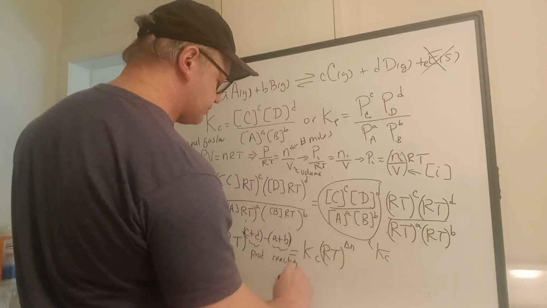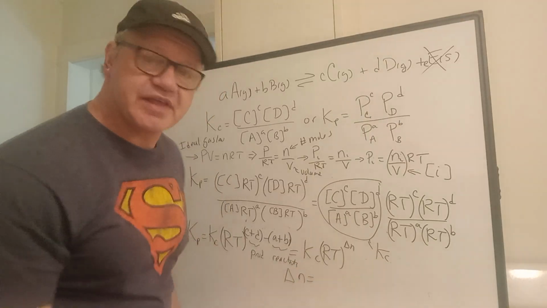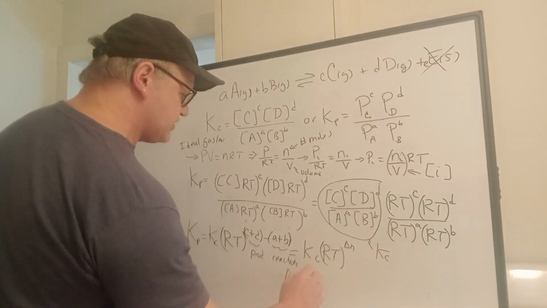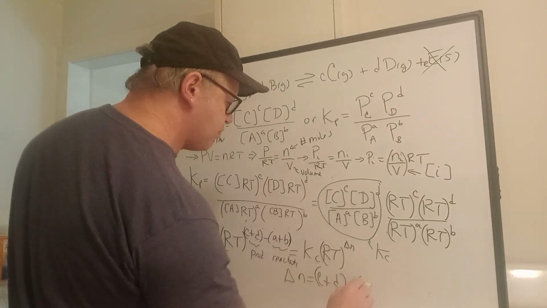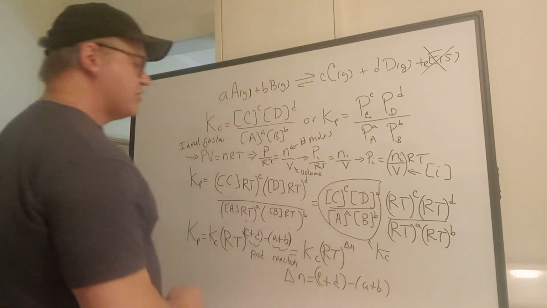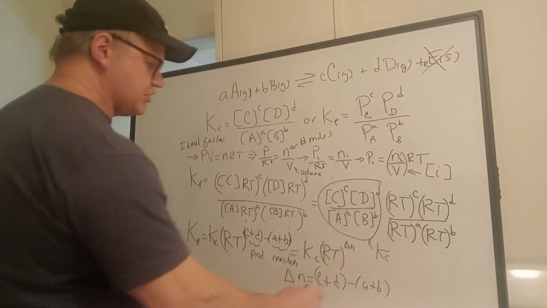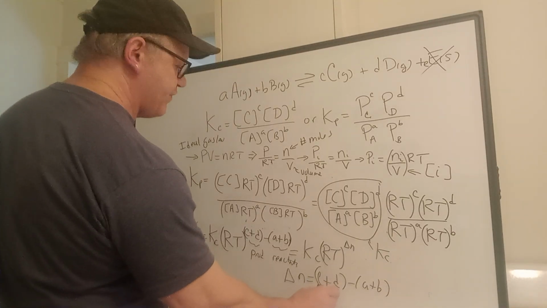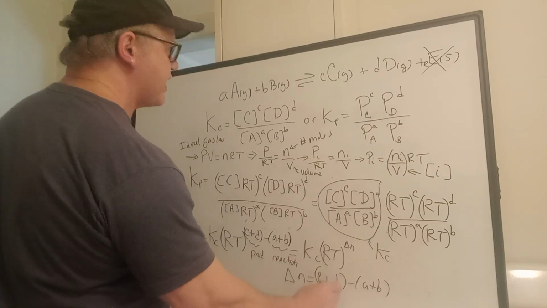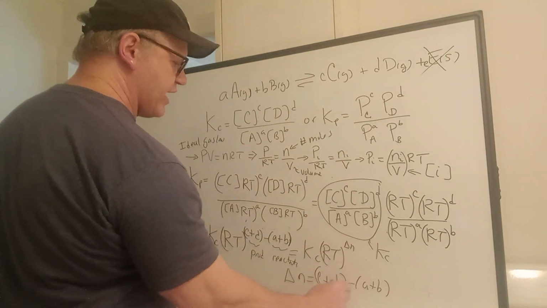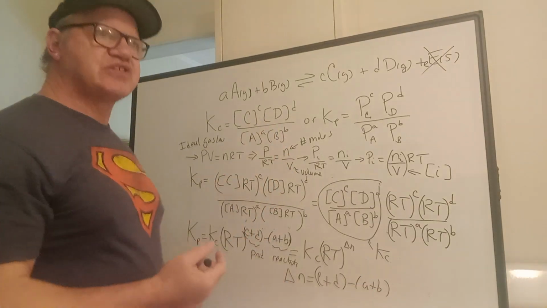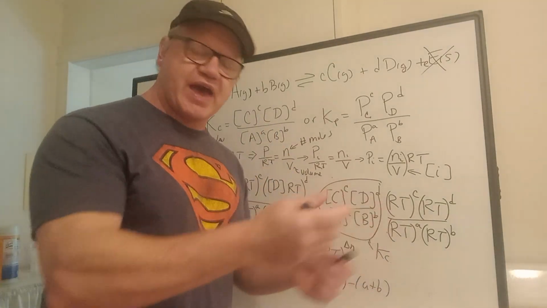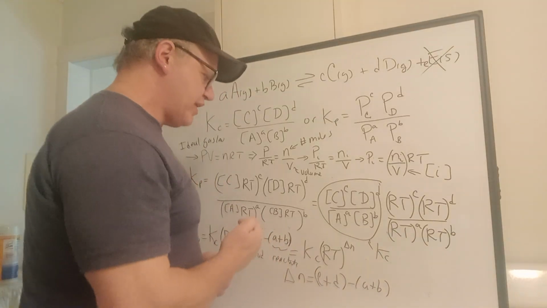Delta n, make sure you can see that, delta n is C plus D minus A plus B. So those are the coefficients in front of the gas phase products minus the coefficients of the gas phase reactants. It's kind of nice because we tend to think of products minus reactants when we're doing calculations.